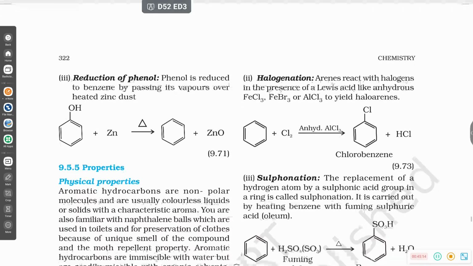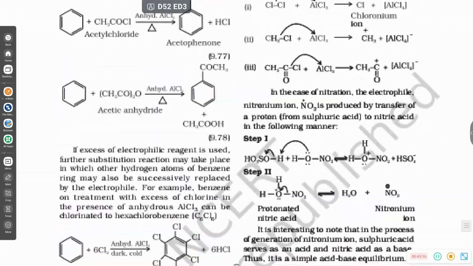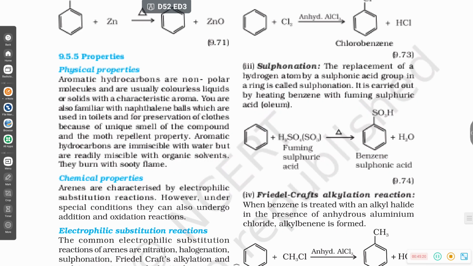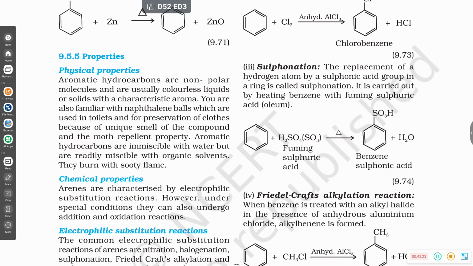Okay, next, physical properties. Aromatic hydrocarbons are non-polar molecules and are usually colorless liquids or solids with a characteristic aroma. You are also familiar with naphthalene balls.